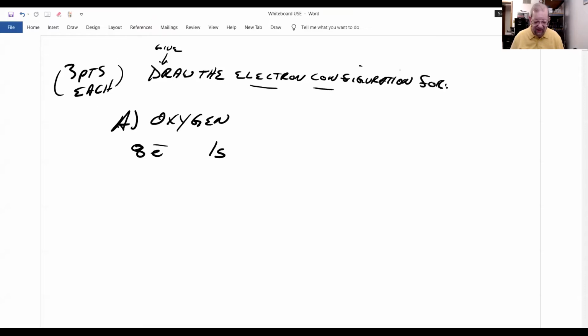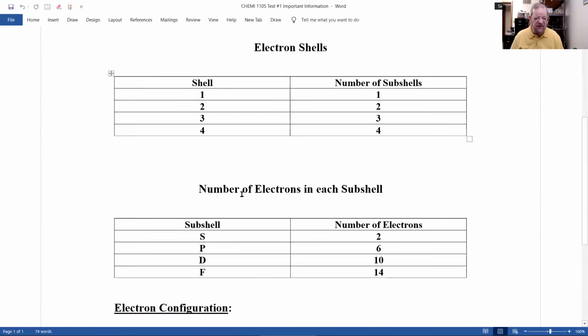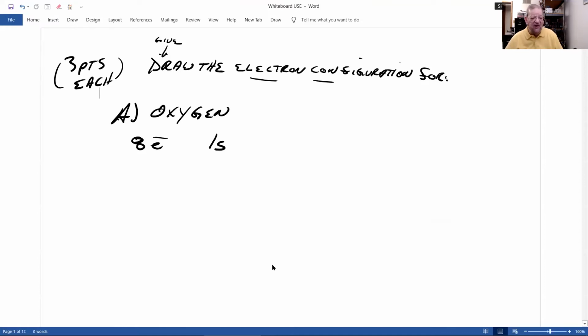Now, if we go and look at important information, test number 1, we can see shell 1 has 1 subshell, and that's S, 1s, and you can only put 2 electrons in. And I'm going to do that now. And you do that by superscript to the right of the letter S, 2.